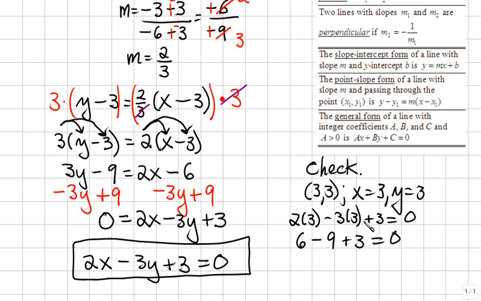Is this 0? 6 minus 9 is the same as 6 plus a negative 9, which results in negative 3 plus 3. Is this 0? And certainly negative 3 plus 3 is 0. So this means that our line does pass through this first ordered pair of (3, 3).